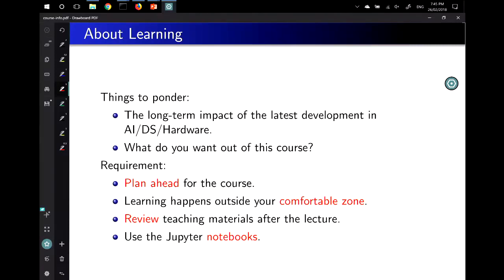Everything we talk about is very basic, because we have to cover the basic stuff. Think about data structures and algorithms, right? We talk about trees and graphs and so on, but these are really basic things. Even if you think about AlphaGo, they use the Monte Carlo tree search algorithm.